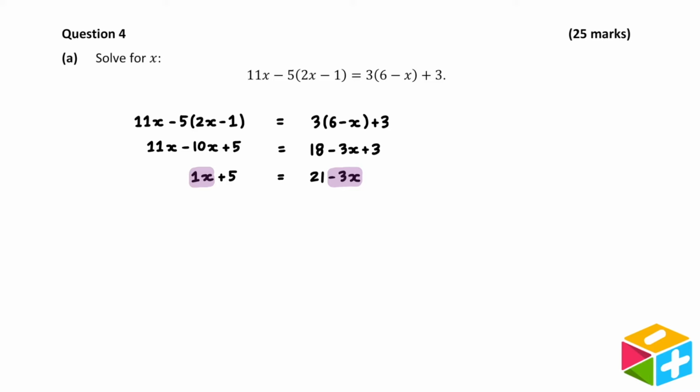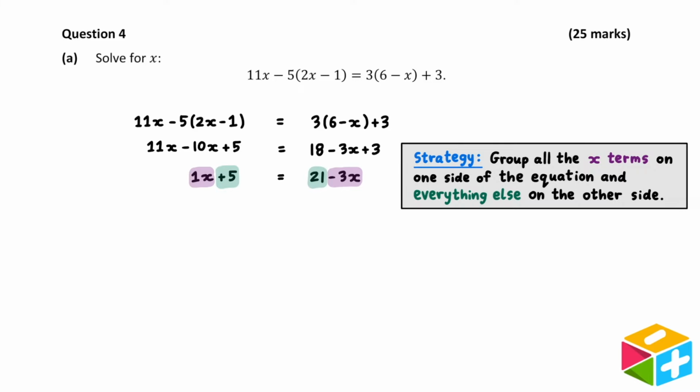We've a 1x on the left-hand side and a minus 3x on the right-hand side. To deal with this, we can use the following strategy. Group all the x terms on one side of the equation and everything else on the other side. Here, I'm going to group my x terms on the left and everything else on the right.